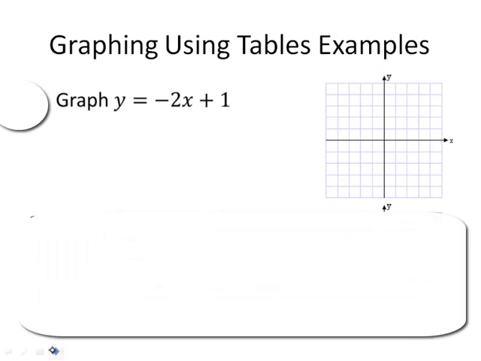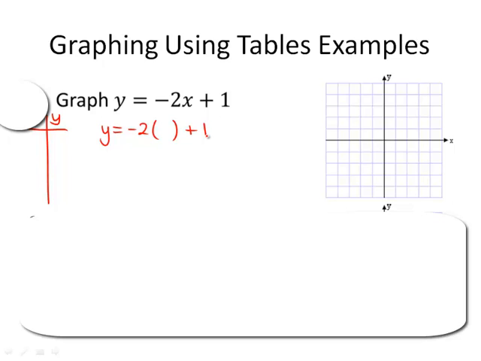Let's continue with some examples. First, we have y equals negative 2x plus 1. So let's practice making a table of values. We want to choose x randomly and replace it in the equation and then find the corresponding y. So let's try that out. y equals negative 2 times something plus 1.